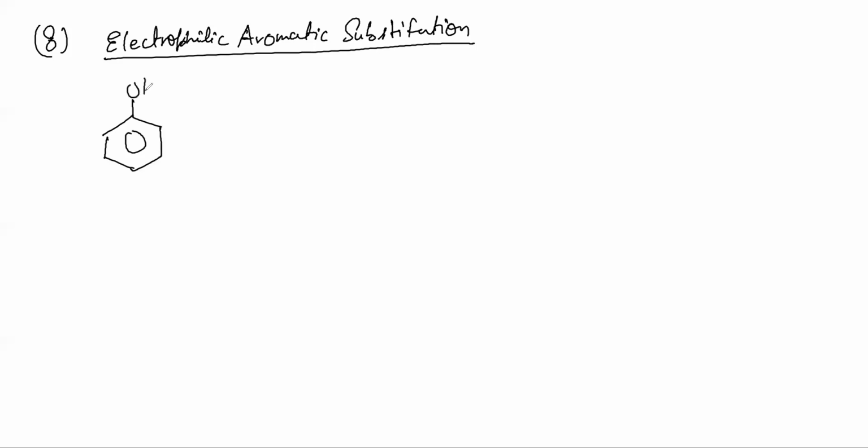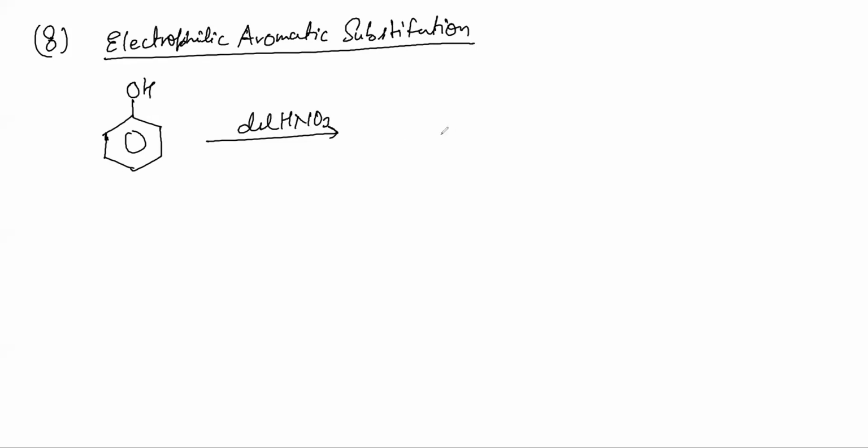Now for phenol, if you want to go for halogenation, no, firstly let's go for nitration. So you don't even require H2SO4 here. You just treat it with dilute HNO3.